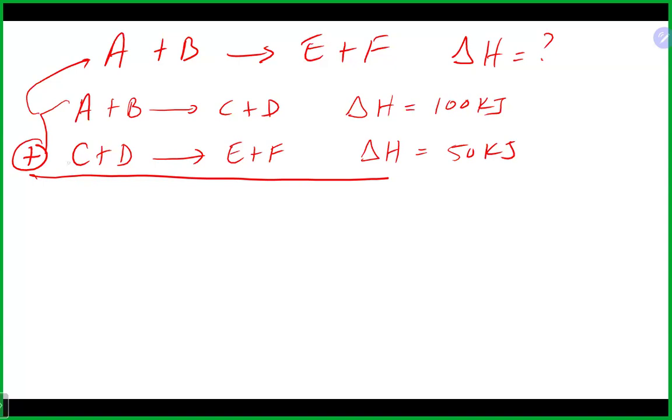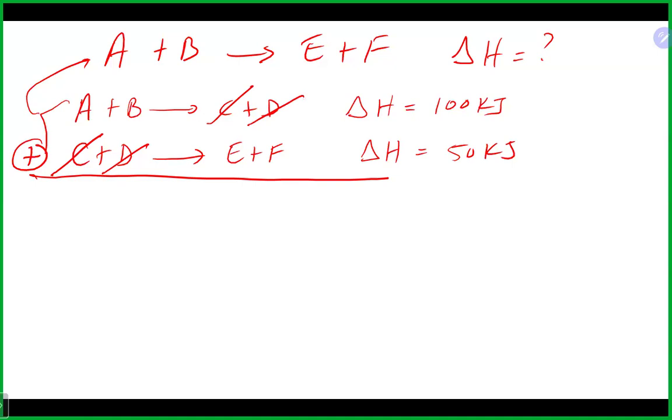If we look here, I have a C on the left-hand side of the arrow in that one, and a C on the right-hand side of the arrow in the other one. They cancel each other out. You can kind of think of the arrow like an equal sign. If you subtract it to the other side, they're going to cancel. I also have a D on the left-hand side of the arrow and a D on the right-hand side of the arrow, and those will cancel out. That's pretty much everything that's going to cancel out in this case.